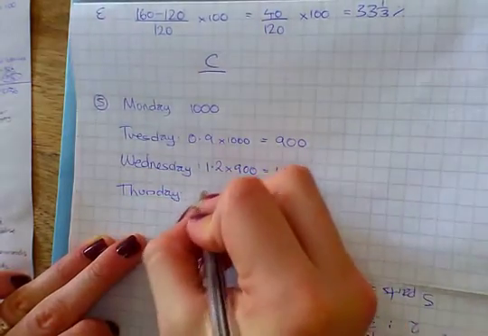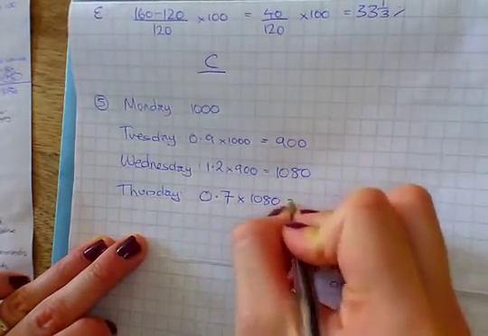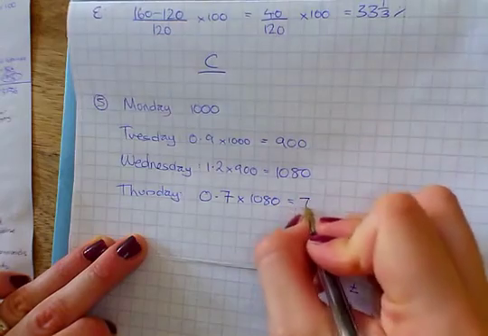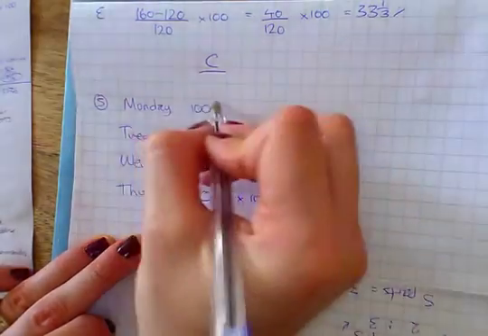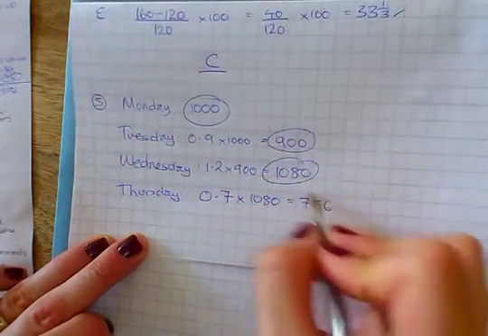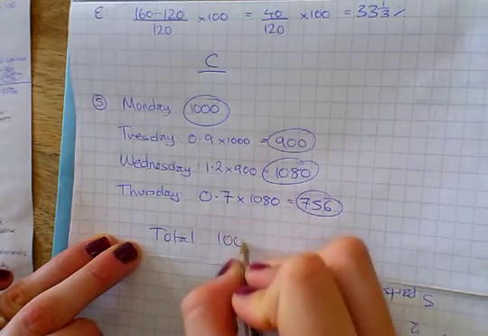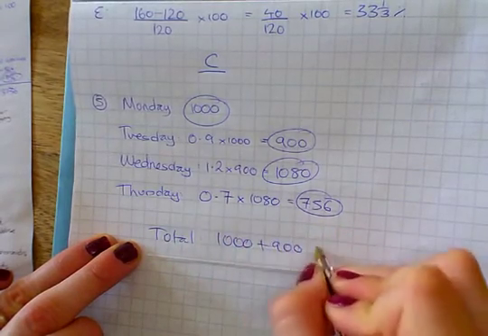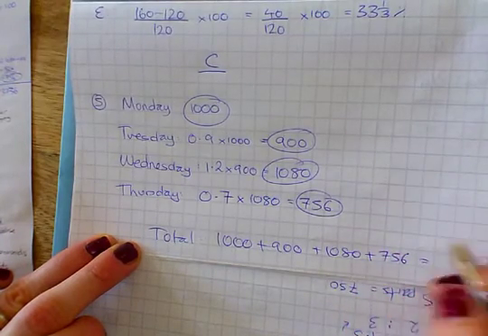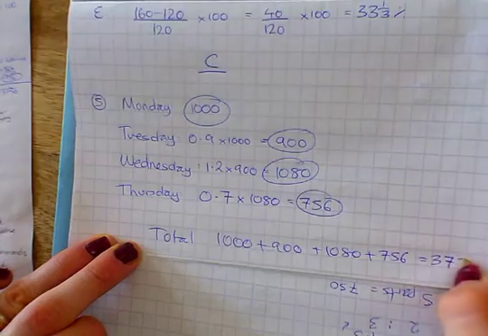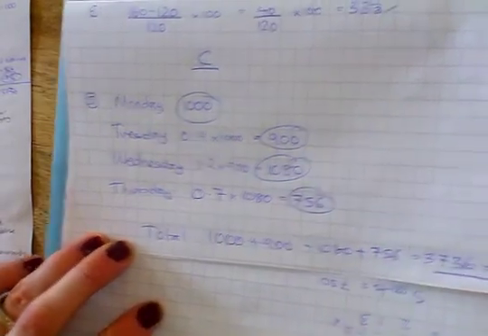So because it's 30% less, the multiplier would be 0.7 times 1,080, and that would give you an answer of 756. And so how many rats did he catch in total? Well, if we add each of these values together, we've got 1,000 plus 900 plus 1,080 plus 756, which would give you an answer of 3,736 rats in total that week.